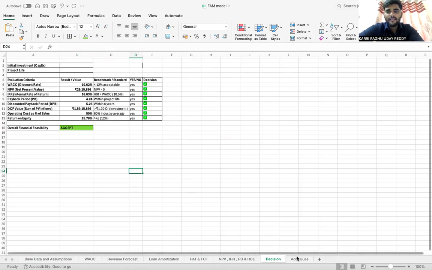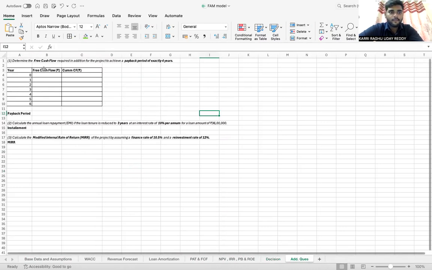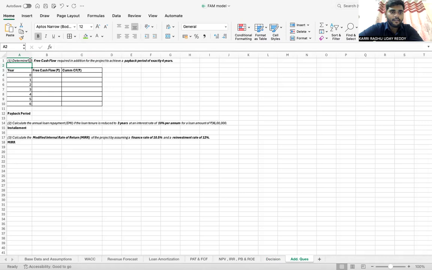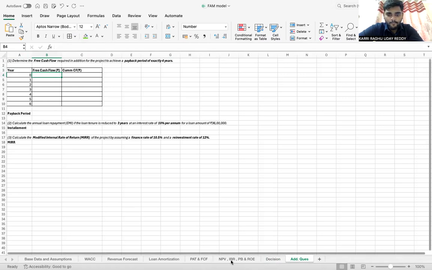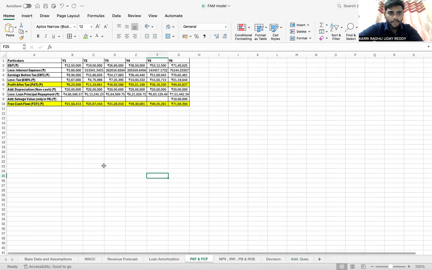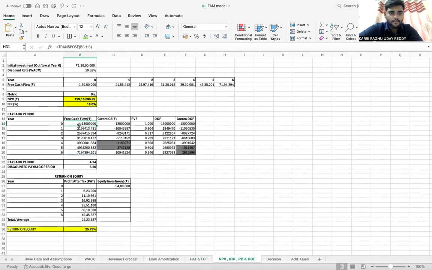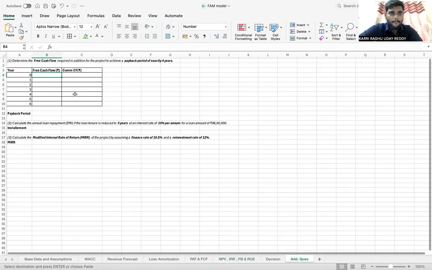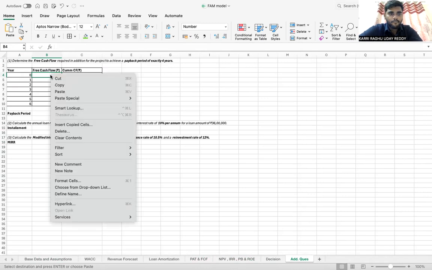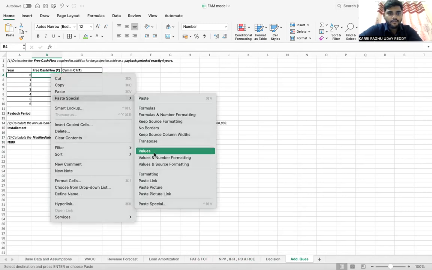Now let us proceed. They have given some additional questions. The first question is to determine the free cash flow required in addition for the project to achieve a payback period of 4 years. As of now, let me take these values first. Free cash flow values we got already, and let me paste special with values.